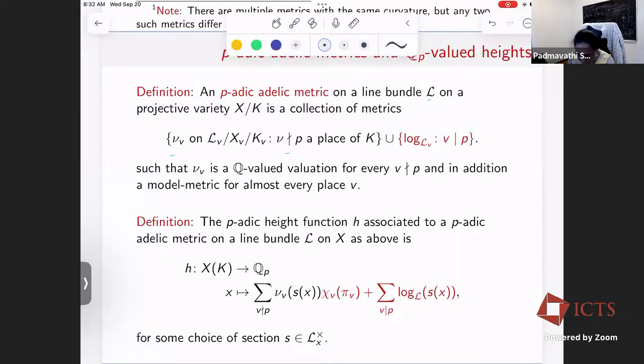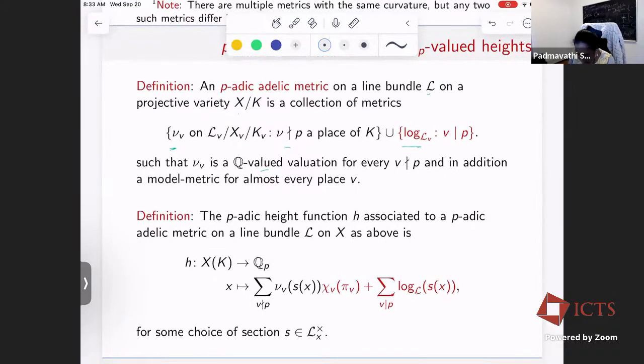For places away from P, you want to choose these nice Q-valued metrics or valuations. So fiber by fiber, you have a function that behaves like the p-adic valuation, and you want these log functions at places dividing P. And at almost every place, you want these local contributions, these valuations, to be ones that come from integral models.